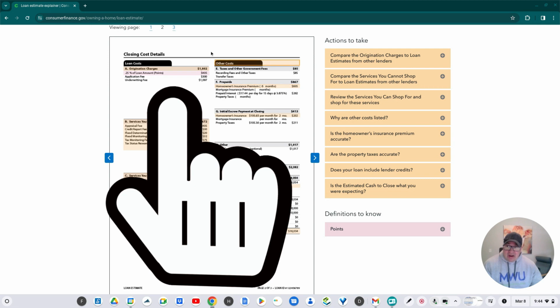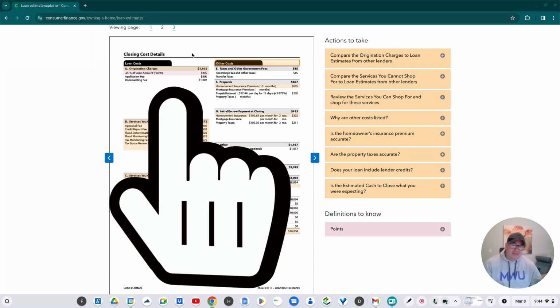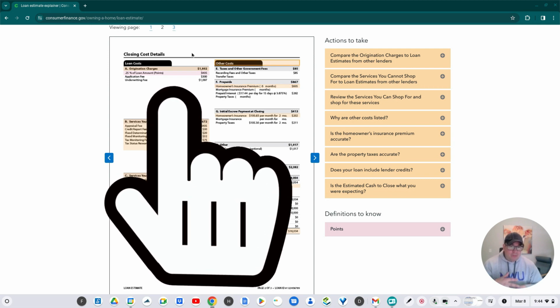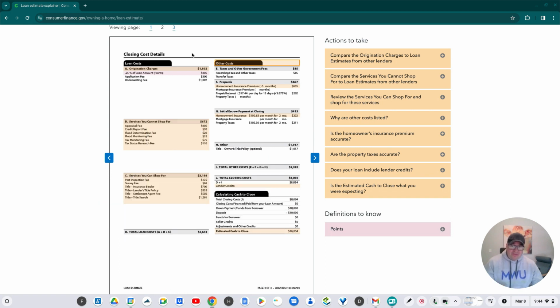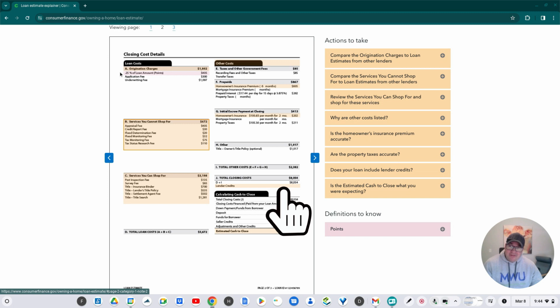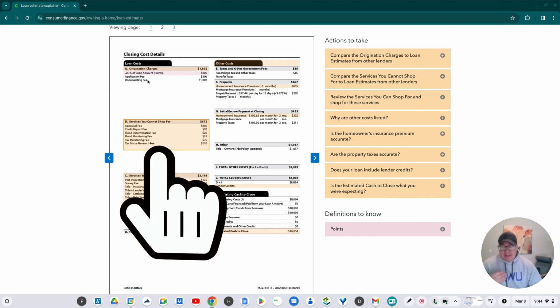So in section A, it is critical to see what fees are in there and what points are being charged. Also, there's a section down here, lender credits, that can offset section A fees. So be aware, there are occasions where the lender credits can significantly offset the lender fees.